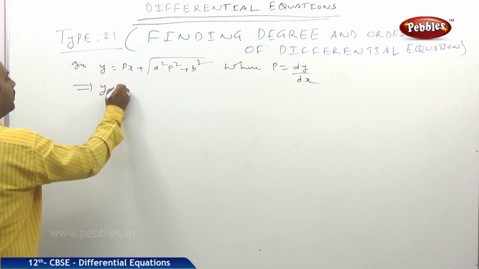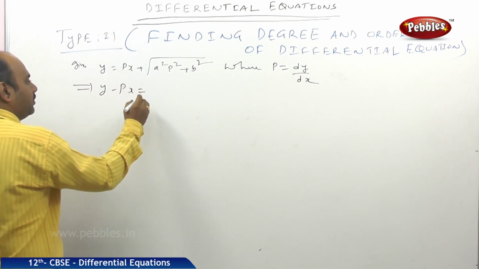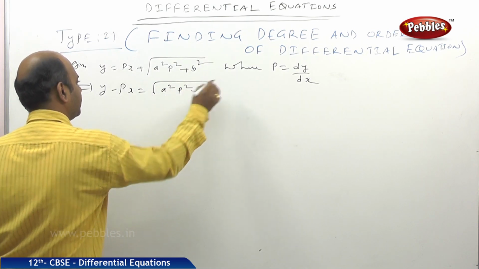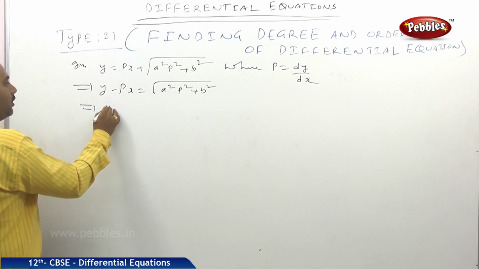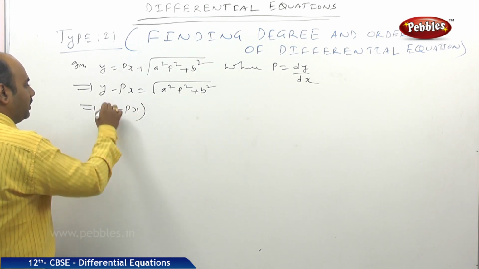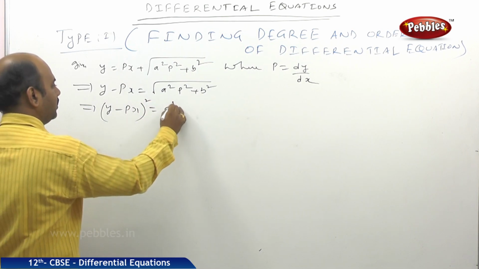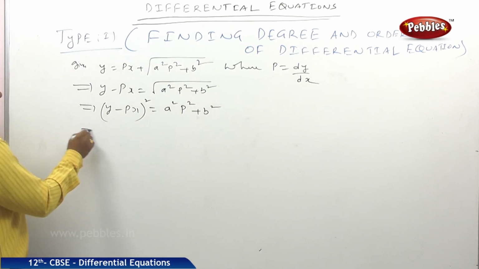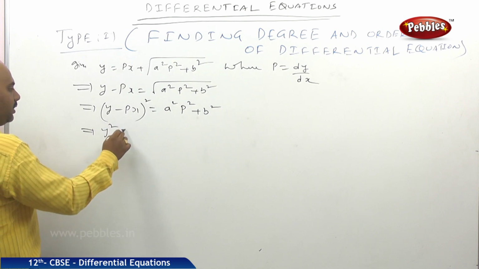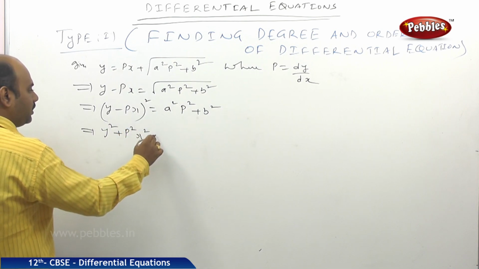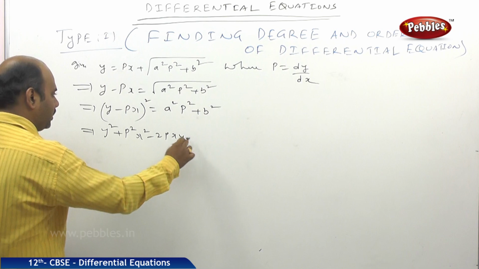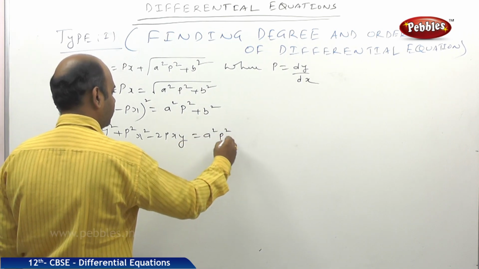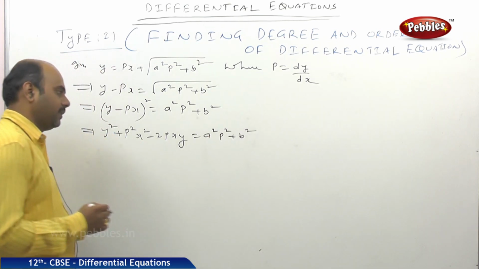So here y minus px is equal to under root of a square p square plus b square. Squaring on both sides, (y minus px) whole square is equal to a square p square plus b square. So y square plus p square x square minus 2pxy is equal to a square p square plus b square.